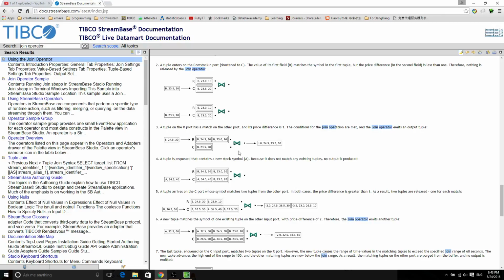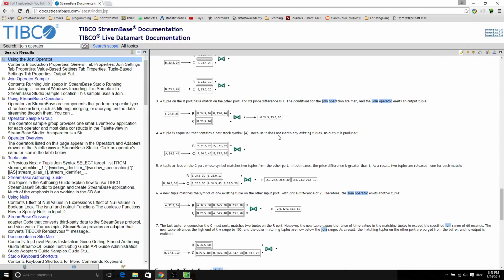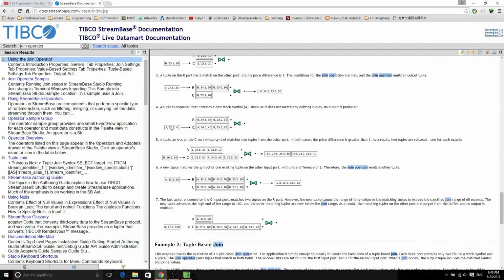Yes. Therefore, we're going to have an output, which is 1.0, the difference, then 24.5, the first input price, 23.5, the second input price, and 30, the time.